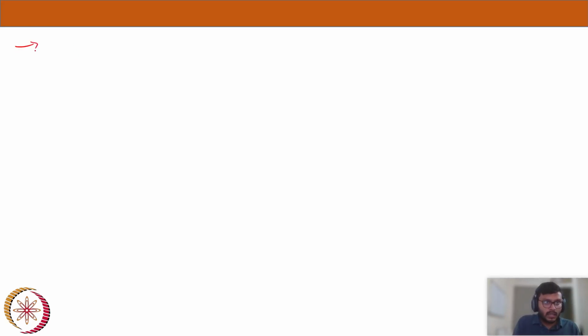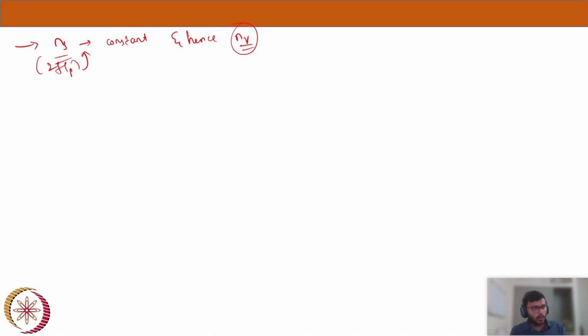So here, for a given induction machine, let's say I have Ns. This is constant, and hence Nr will be constant. Ns is 2f by p. If it is constant, Nr is constant, somewhere around 5%, 3% slip, so Nr will also be constant.